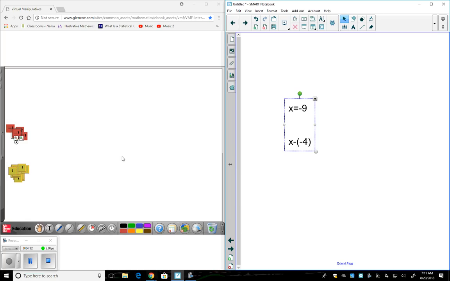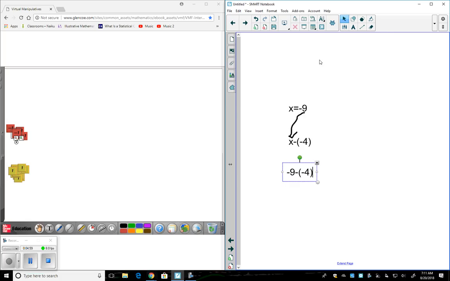Okay, so I'm going to start off by plugging in this negative 9 in for x. I'm going to put that negative 9 right there in for x. So I'm going to have negative 9 minus negative 4.